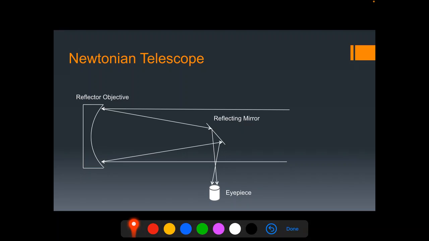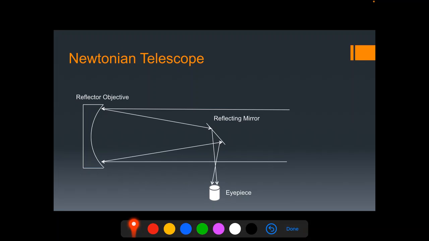The drawback we were talking about earlier is that in the normal reflecting telescope the eyepiece was here, so when a person is observing through that telescope, he has to observe from here, which can block some of the light coming from that object.